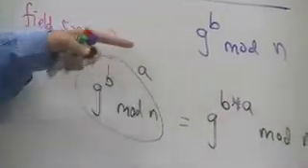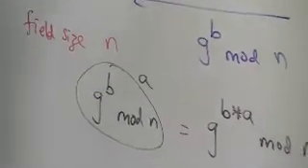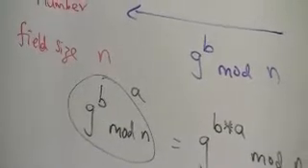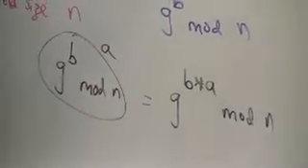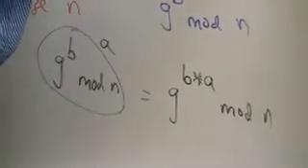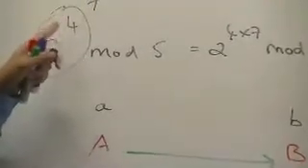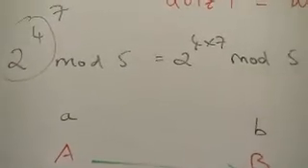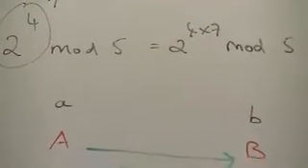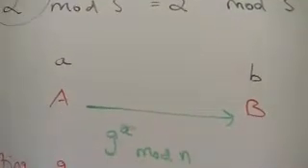Okay, so it's like you're getting something like 2 to the power 4 mod 5, and if you have generated say 7 as your integer, so it's like 2 to the power 4 times 7 mod 5. Right? Exponent, 2 to the power 4 raised to 7, nothing but 2 to the power 4 times 7. Remember? So that's what it is. Same thing, Bob can do what? He receives G raised to A mod n.